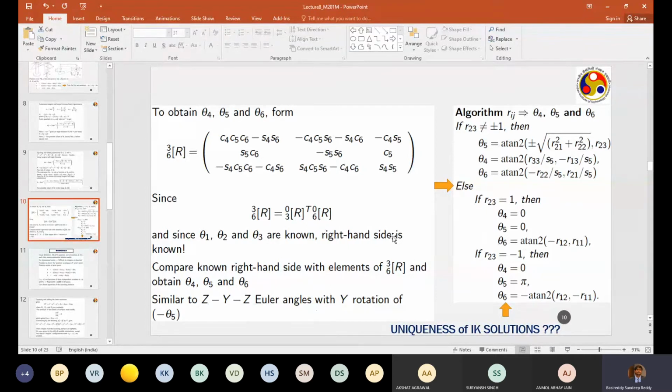So how to deal with this? You can write the rotation matrix of 6 with respect to 3 as the transpose of 3 with respect to 0, multiplied by the rotation matrix of 6 with respect to 0.